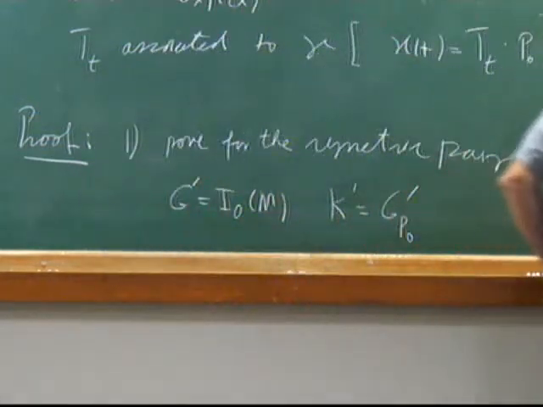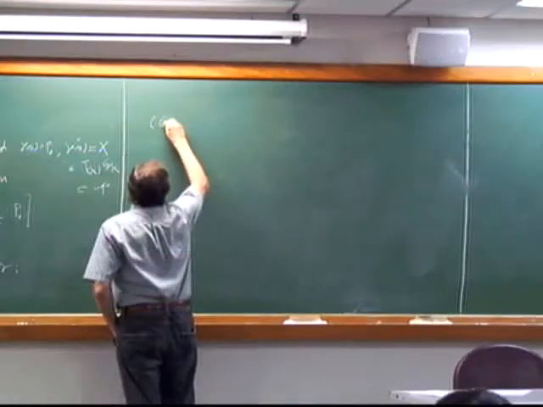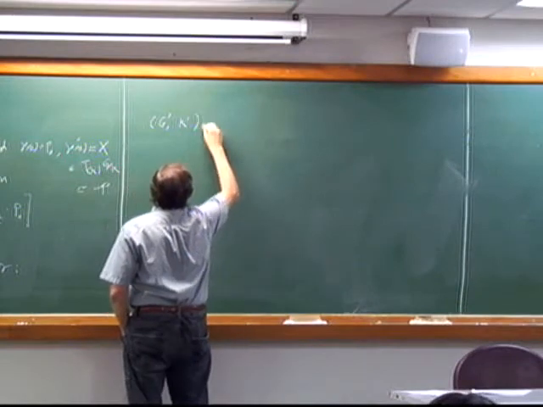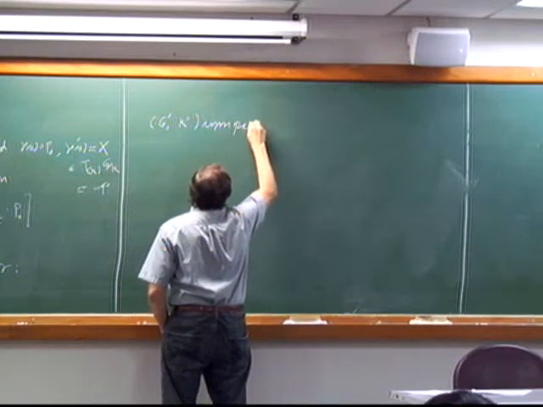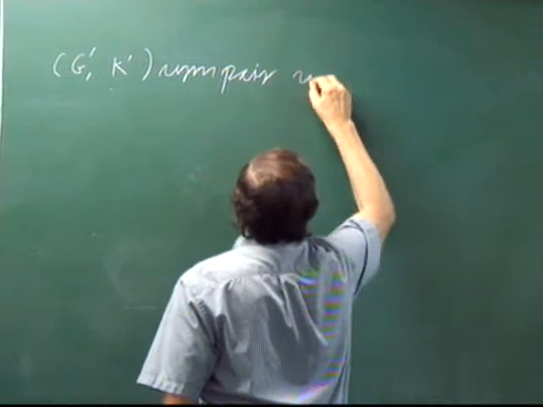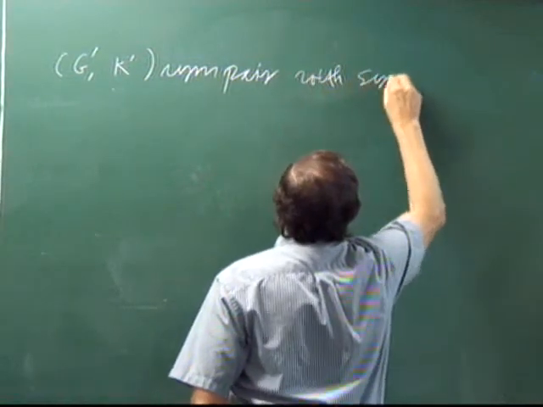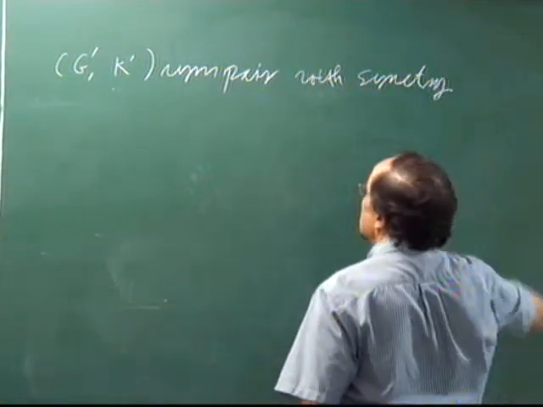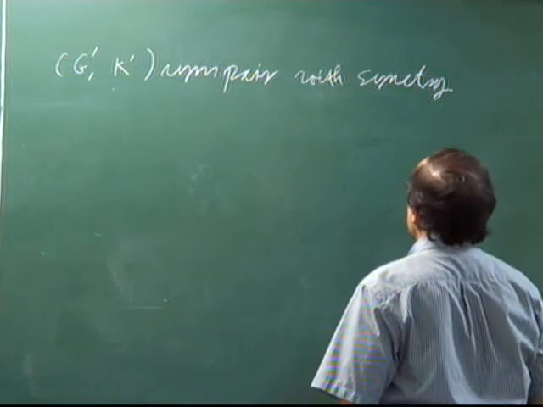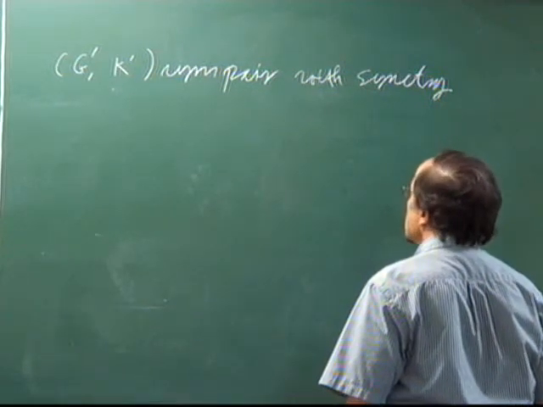And then from our general theory of symmetric spaces, something embedded in here. We know that I get another symmetric pair. So then G prime, K prime is a symmetric pair with symmetry as follows.